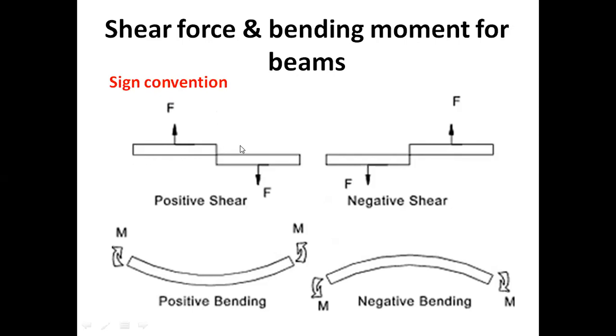So let's say we have a beam exerted by forces, and we take a section. I'm cutting the beam into two portions. So we are visualizing that we are cutting the beam into two portions. I'm taking this section. This is the left hand side of the section and this is the right hand side of the section.